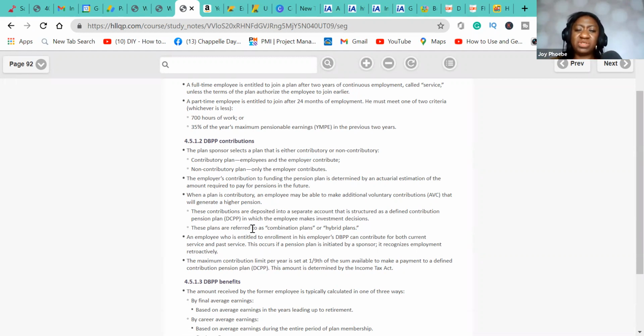The sponsors select a plan that is either contributory or non-contributory. If it's a contributory plan, then the employee and the employer make the contribution. But with non-contributory, only the employer makes the contribution into the plan.